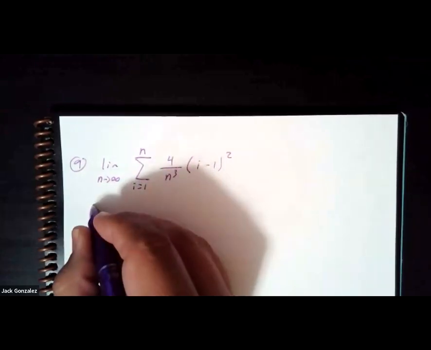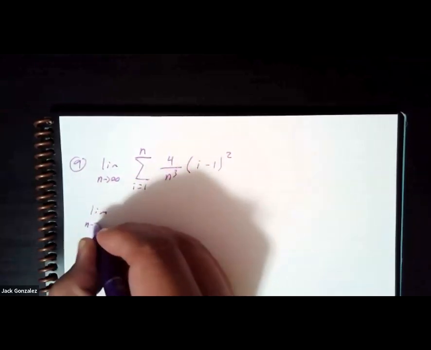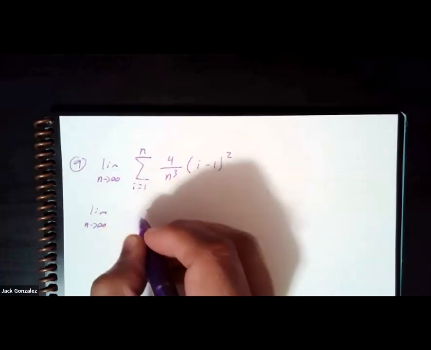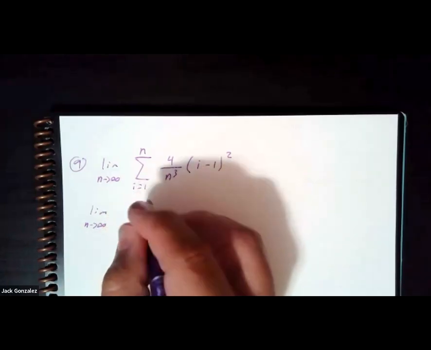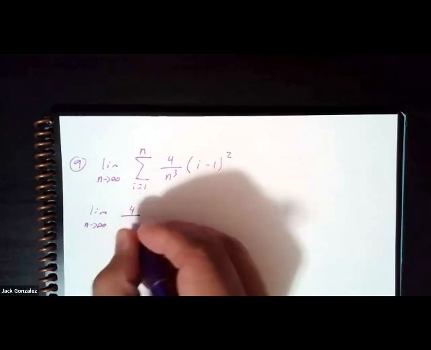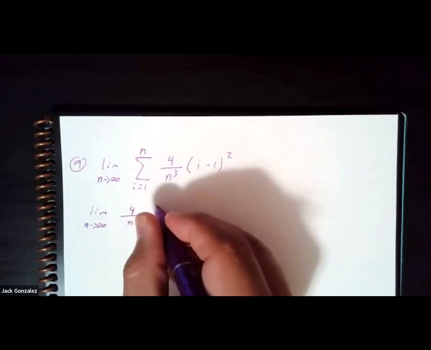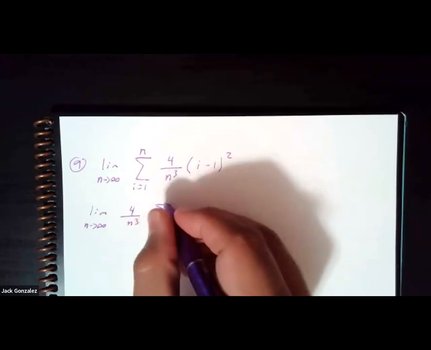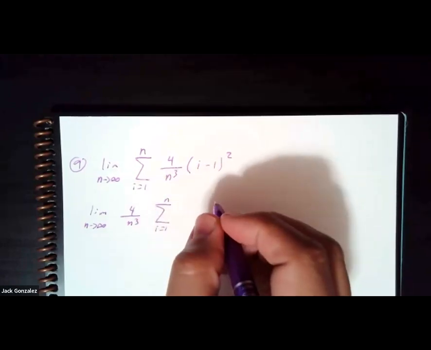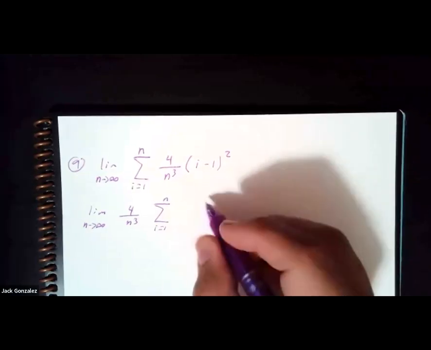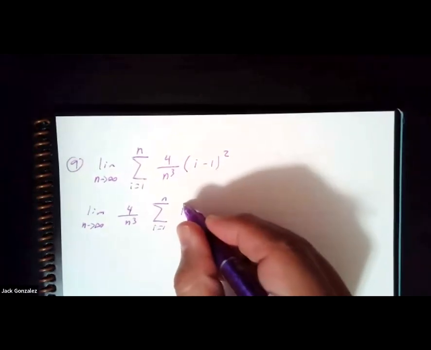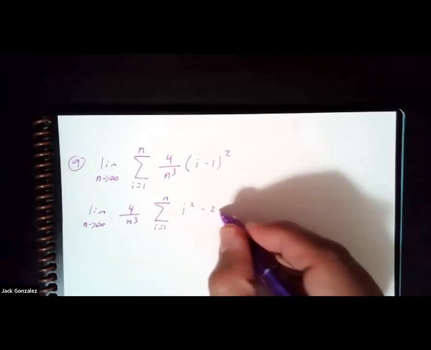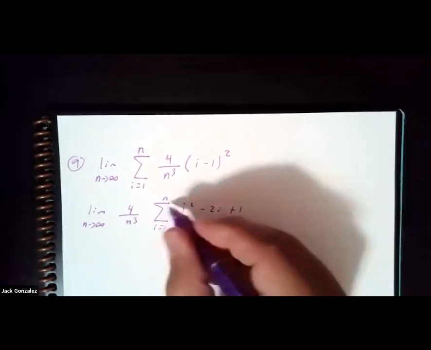Let's take it slow. So if you multiply this out, you're gonna get I squared minus 2i plus 1.